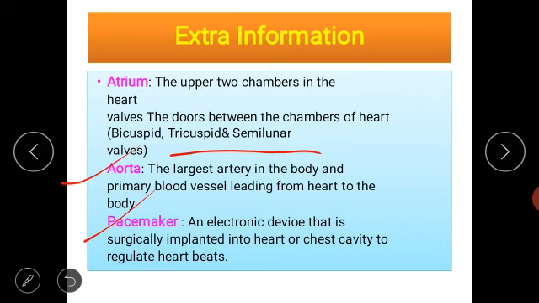So this electronic device is surgically implanted into heart or chest cavity to regulate the heartbeat. So if the heartbeat is not regular for any patient, then that is regulated by the pacemaker. Okay.